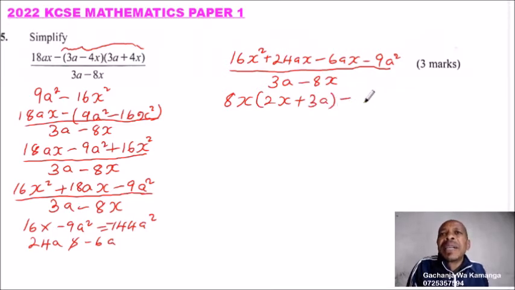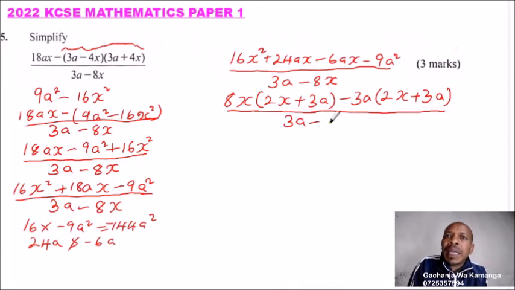Here we can factor out minus 3a. So here we'll be left with 2x minus, when you factor out here, this is plus, so that when you open the bracket, it becomes minus for both. And this is divided by 3a minus 8x.